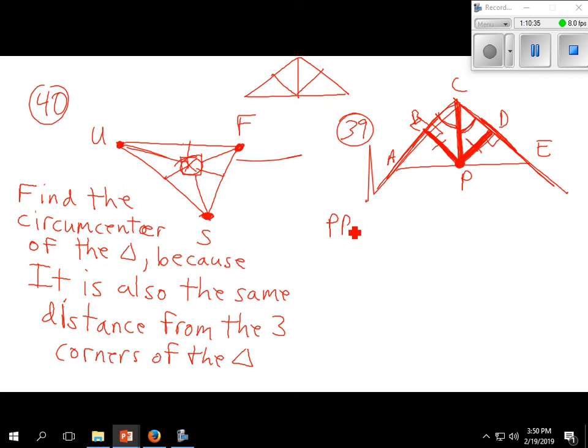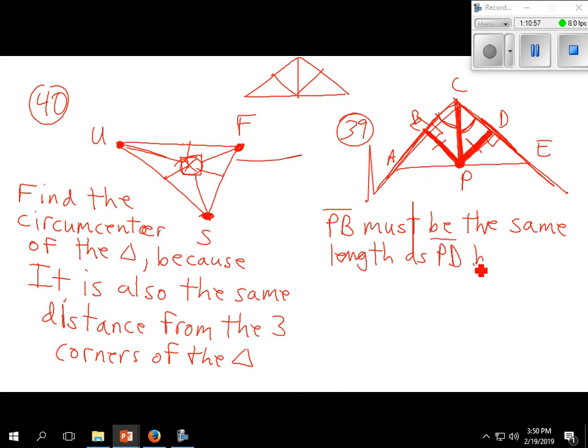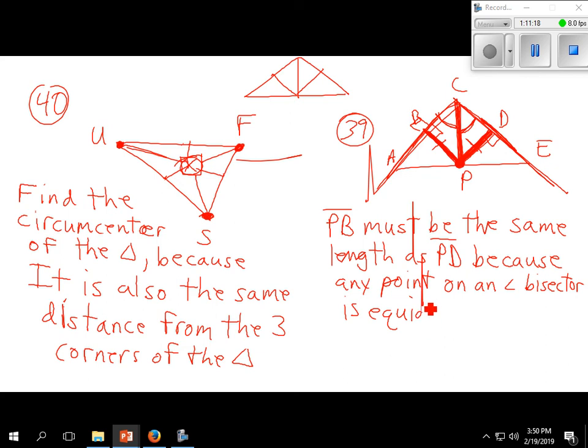We're going to write that segment PB must be the same length as segment PD, because any point on an angle bisector is equidistant from the sides of the angle.